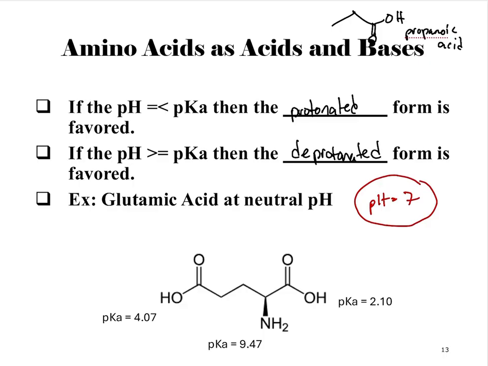Okay, so this is the R group right here, and the pKa for this proton is 4.07, so that's pretty low. So at a pH of 7, is this going to be protonated or deprotonated?